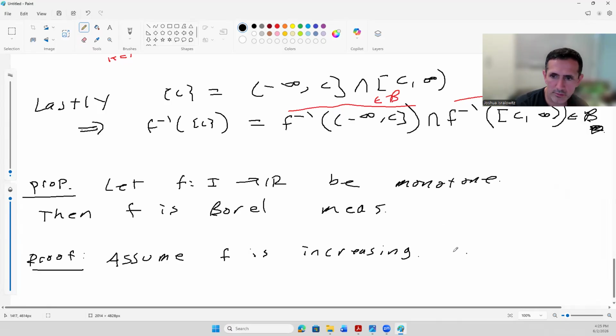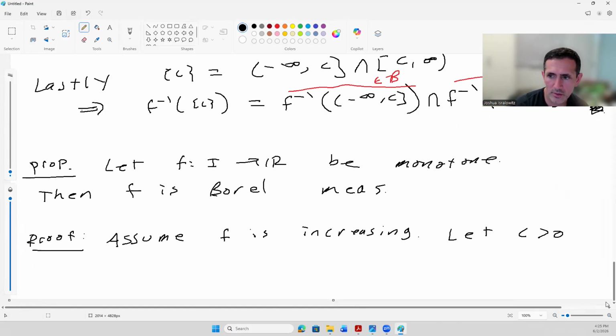Let C be bigger than 0. So we potentially have two cases.